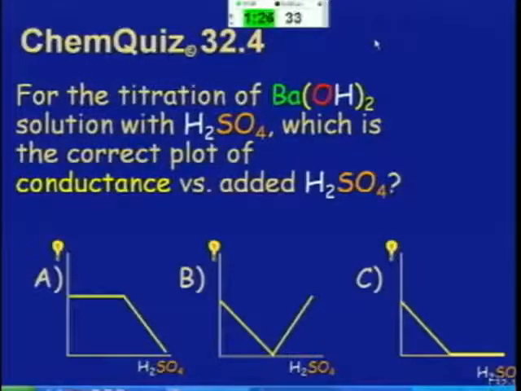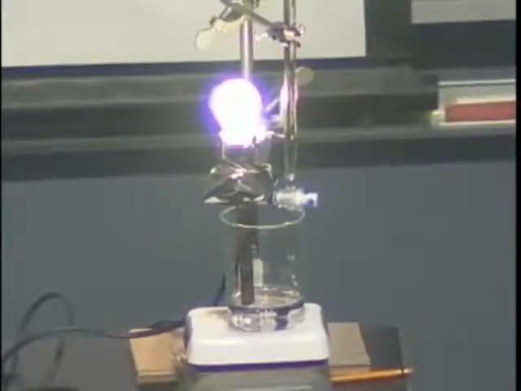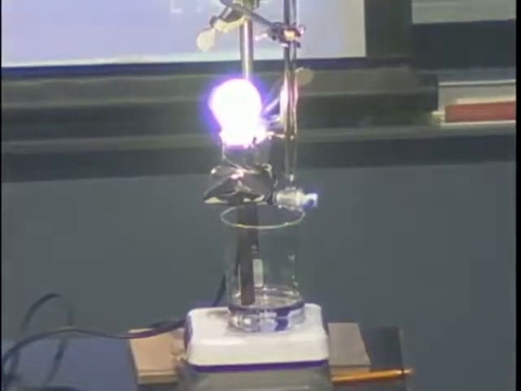If I titrate this with sulfuric acid, if I add sulfuric acid, will it do A, B, or C? Can you read it despite the light here? Can you read it in the back? Okay, good. Thank you. So what will happen?